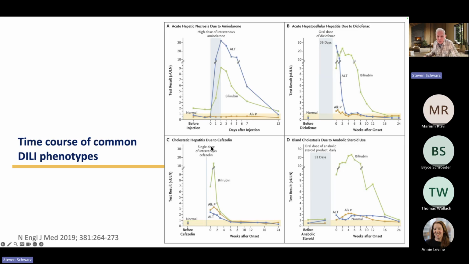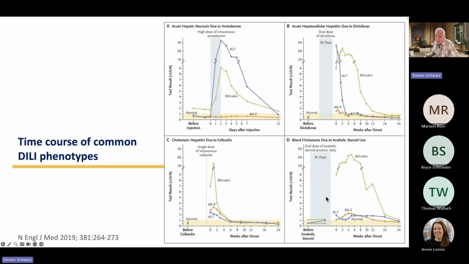This is chronic hepatitis due to cefazolin, all right? This is a single dose. And with a single dose, we have a marked increase in the bilirubin, again, up with the alk phos. ALT is not as dramatically elevated. And here's anabolic steroid use, mild elevation in ALT, prominent elevation in bilirubin.